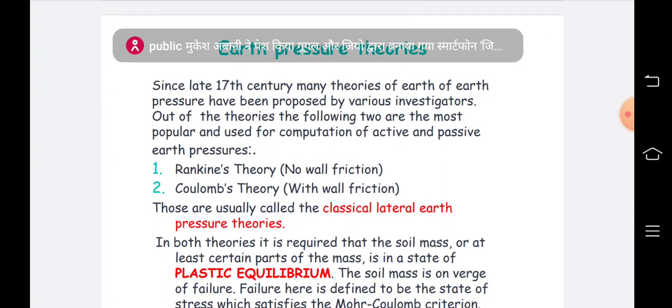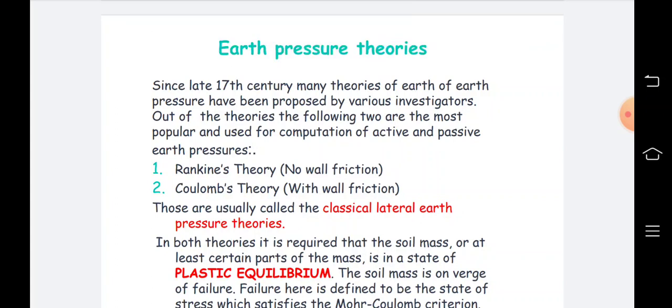Plastic equilibrium means when the soil mass is very close to failure, at the stage of the verge of failure, which is satisfied by the Mohr-Coulomb law.